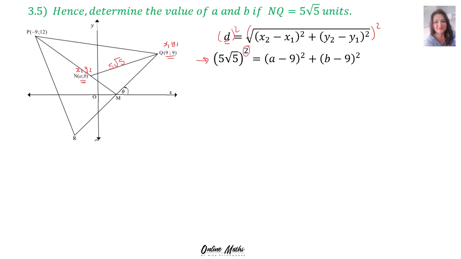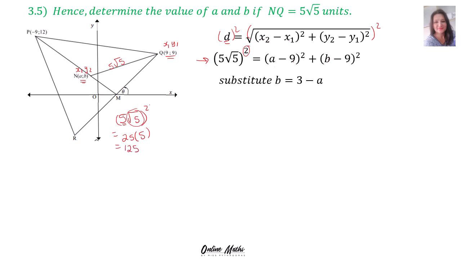Then this one, let me show you. 5 root 5 squared. You will deal with this 5 individually. You will say 5 squared is 25. And then when you square this one, root 5 squared is just 5. So that thing's answer is 125.